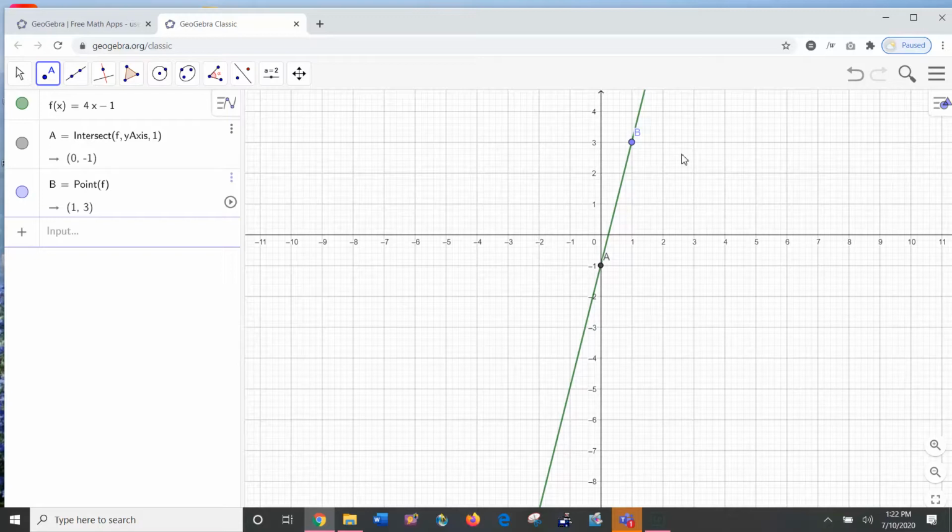Okay, so let's review that. We can say that the y-intercept is at -1, right here, and that the slope, it went up 4 and over 1. Now the reason I picked 0, -1 and 1, 3 is those are easy points to see and easy points to work with.